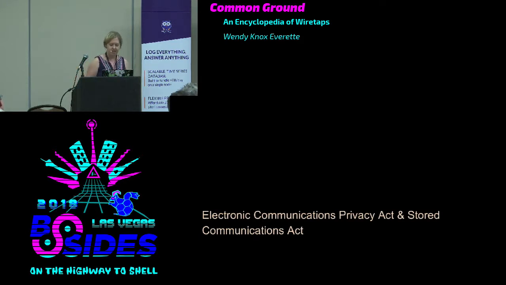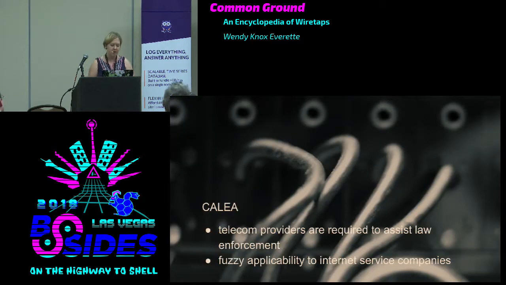You can go pull up 18 U.S.C. 2510, Section 12, if you want to look at the specifics on all that. And finally, almost finally, we're going to have one more after this, CALEA. CALEA is essentially the law that said that phone service providers have to give technical assistance to law enforcement when they come to them with a wiretap order or a PRTT and so forth.